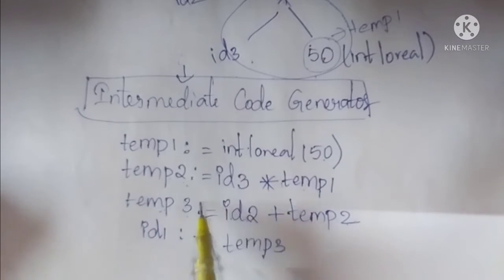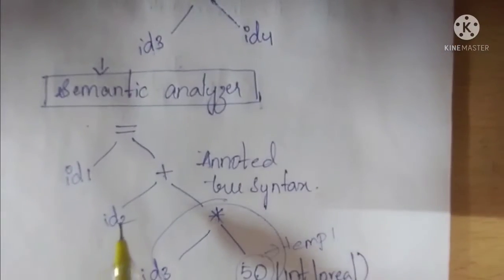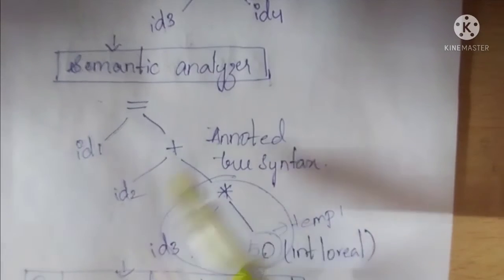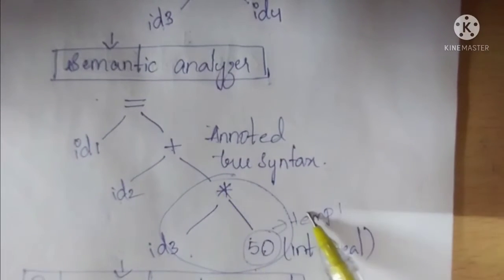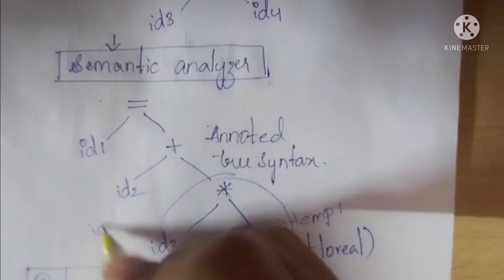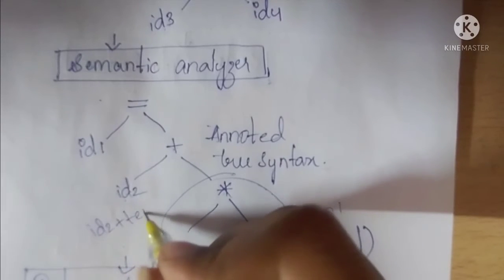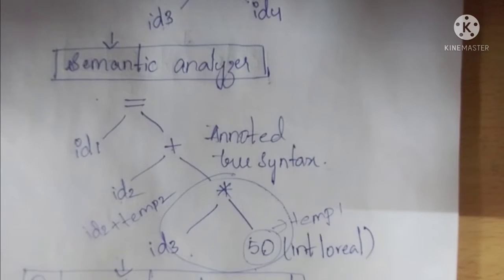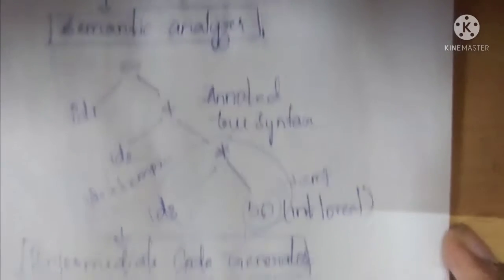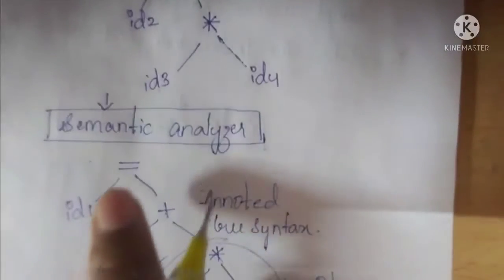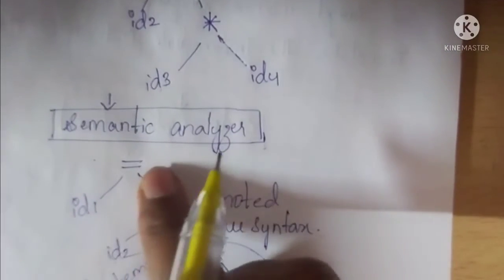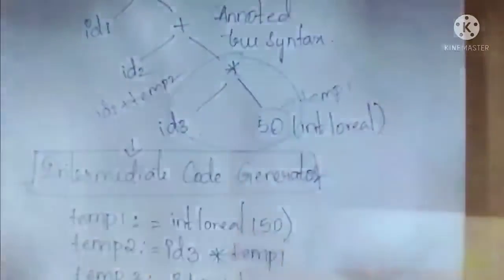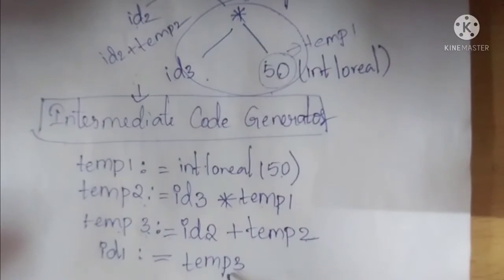See here, id2 plus this total, so what we have to write here is id2 plus temp2, and that will be stored in the temp3 variable. Next, coming to the last, we have only temp3, which will be stored in id1. See here, temp3 will be stored in id1. Okay, this is the intermediate code generator.